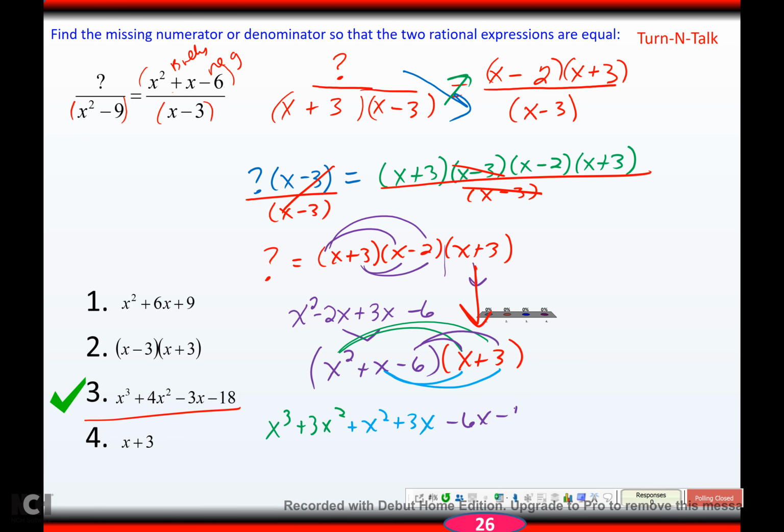Negative 6 times 3 is negative 18. Combine like terms. There's no other x cubed. 3x squared plus 1x squared is 4x squared. 3x minus 6x is negative 3x, and the negative 18 drops. Okay, we were not wrong up here. This is just our answer in factored form instead of general form, or standard form.